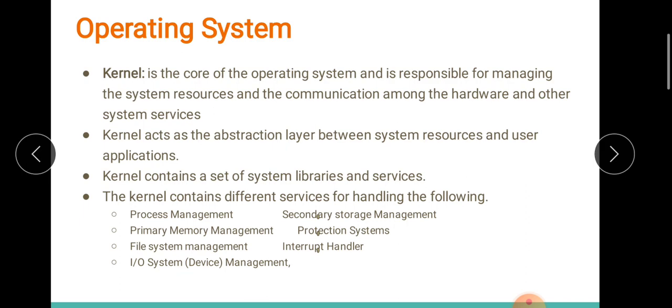Well, when I say process management, just imagine it to be a manager of a company or any organization. What this process management unit is responsible for is that they set up the memory space for your process. They make sure that your process, whatever task you're doing, has a memory space.